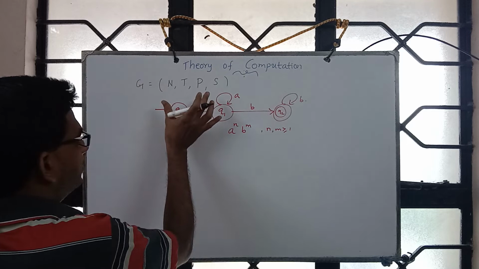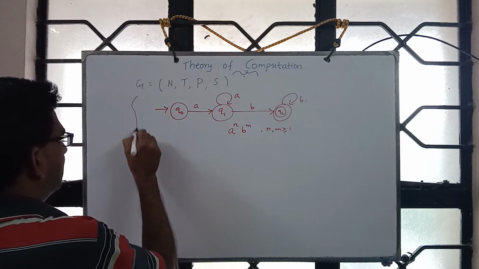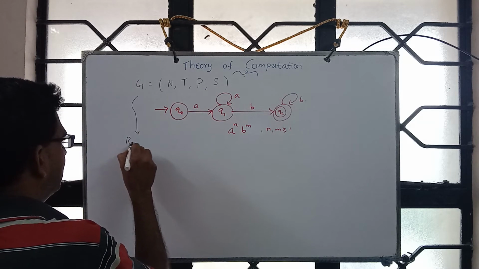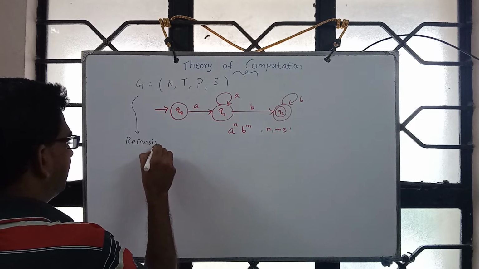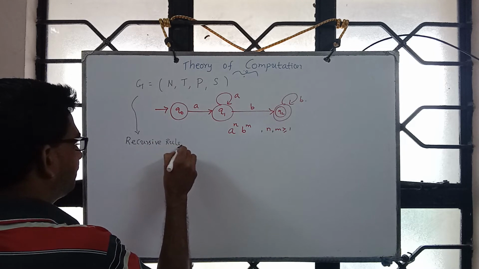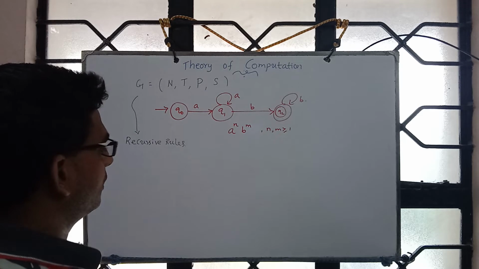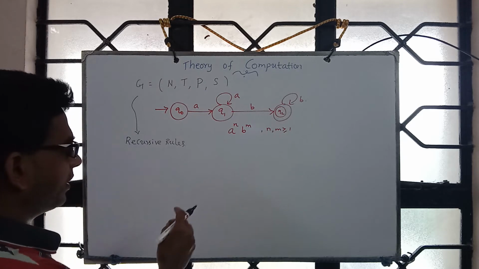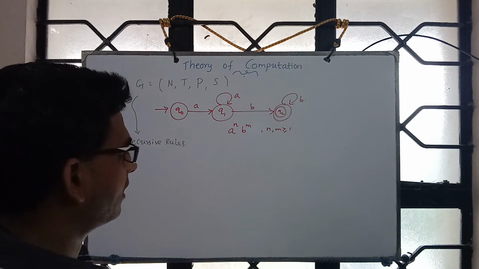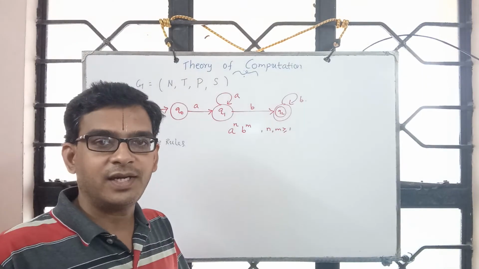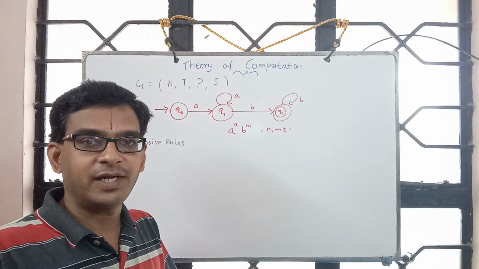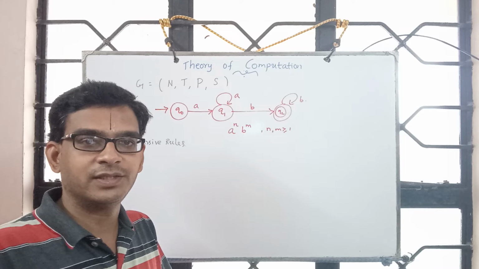So in some sense, this grammar is trying to come up with recursive rules. With recursive rules, you can generate a base string and then subsequently using that you can generate some more strings.